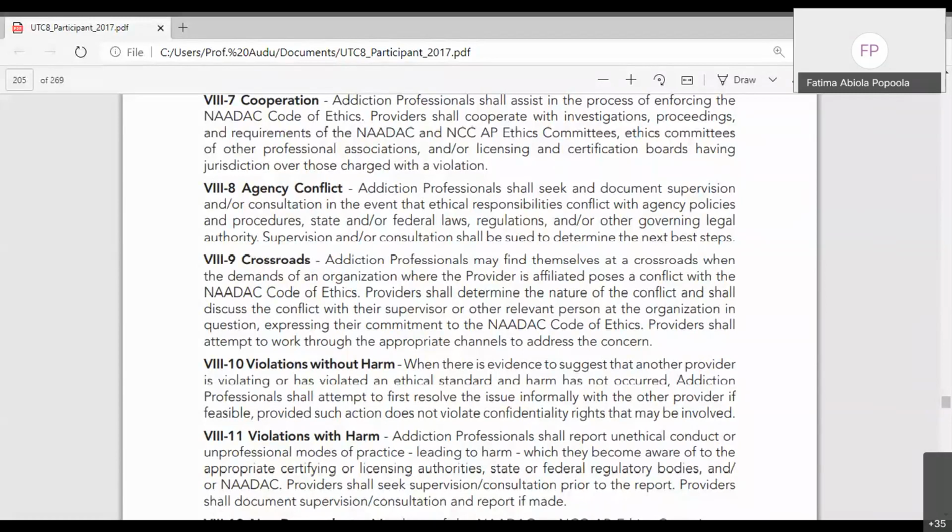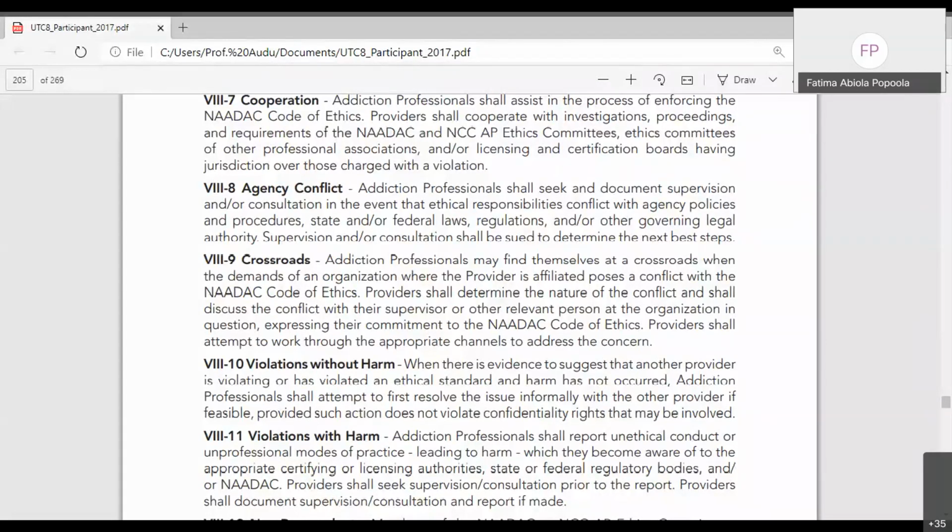Addiction professionals may find themselves at crossroads when the demands of an organization where the provider is affiliated pose a conflict with the NADAC Code of Ethics. Providers shall determine the nature of the conflict and shall discuss the conflict with their supervisor or other relevant person in the organization in question. Expressing their commitment to the NADAC Code of Ethics, providers shall attempt to walk through the appropriate channels to address the concern.